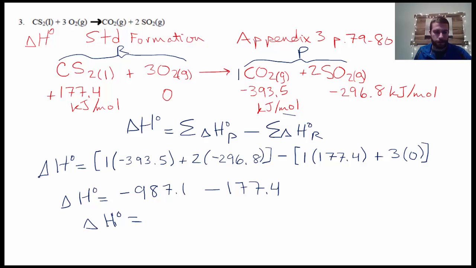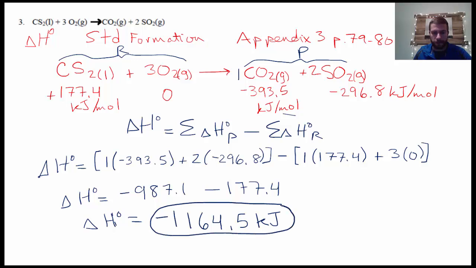So this delta H, we've got that value minus 177.4, and that gives us a result of negative 1,164.5 kilojoules. Because delta H is negative, we can say with full confidence that this is an exothermic process.